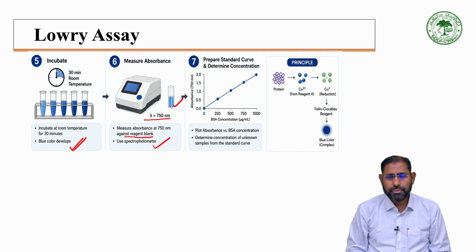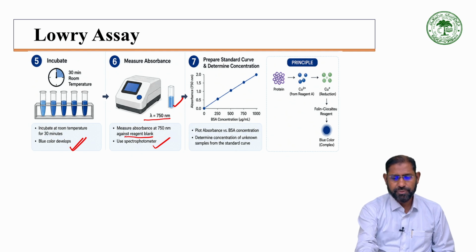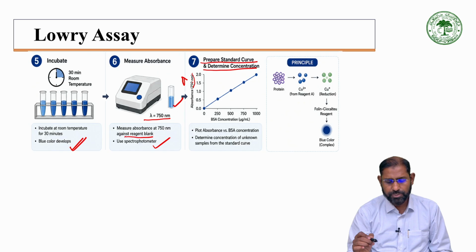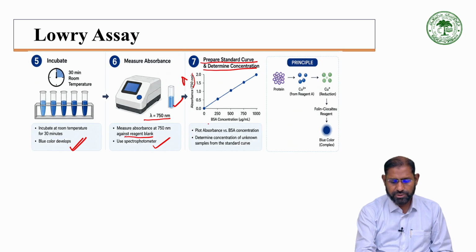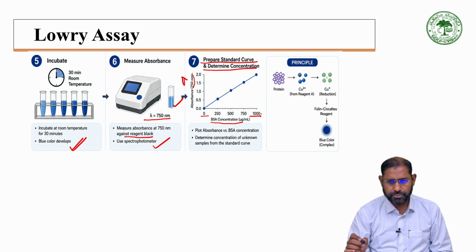Now further, we prepare a standard curve and determine the concentration. On the y-axis we have absorbance maximum at 750 nanometer, and the BSA concentration in this case 0 to 1000 microgram per ml, and we plot absorbance versus BSA concentration, and then we determine the concentration of unknown sample from the standard curve.